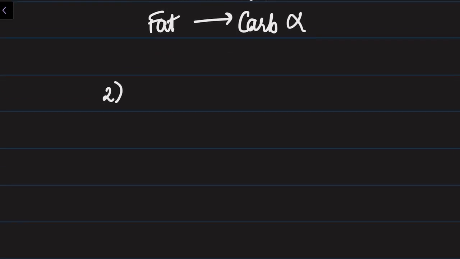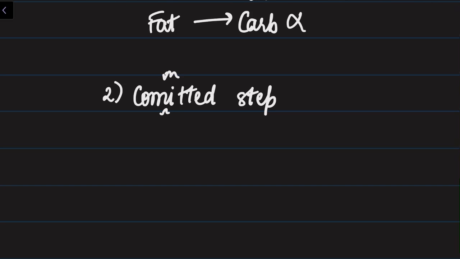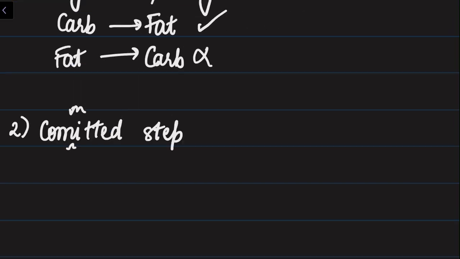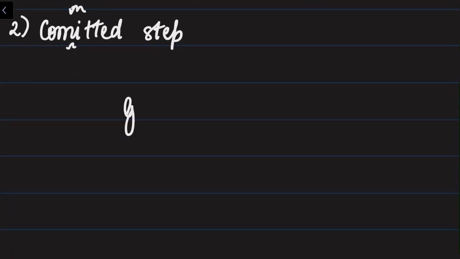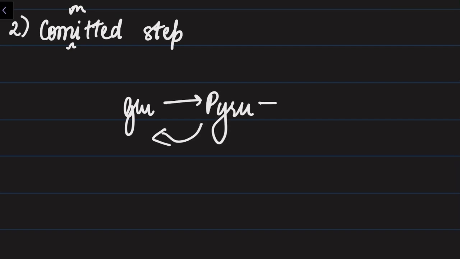Secondly, it is the committed step towards oxidation of glucose, which means glucose to pyruvate, if you know, there are a lot of reversible steps. You can still come back to glucose, but once you go to acetyl-CoA, there's no turning back.